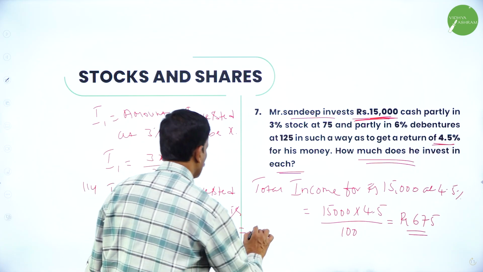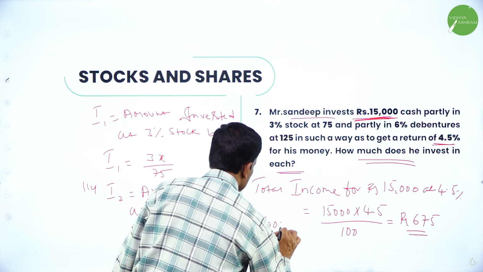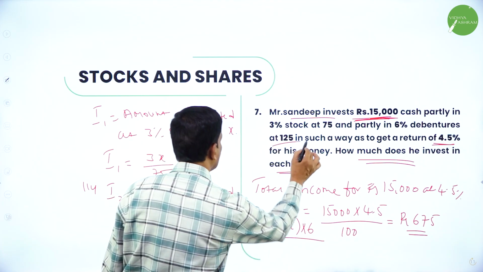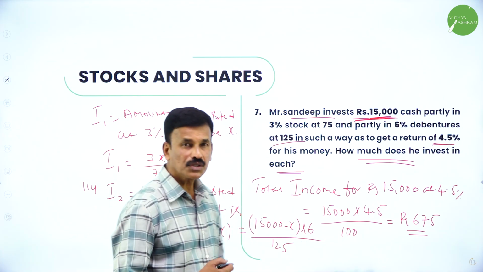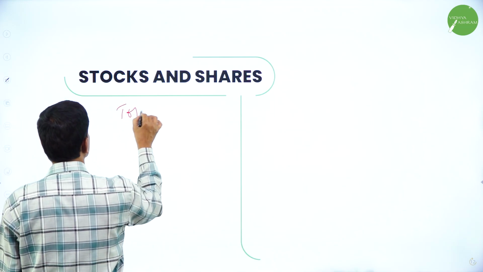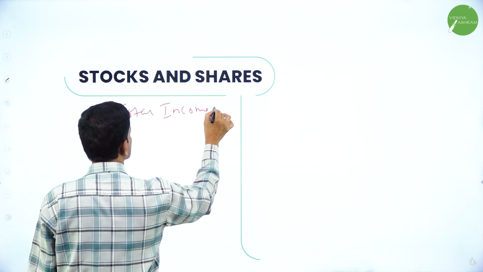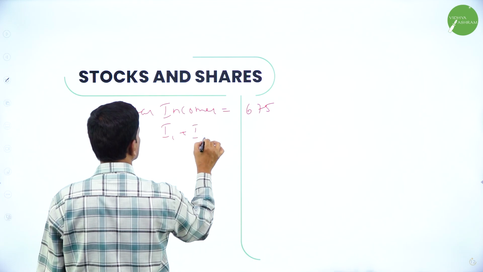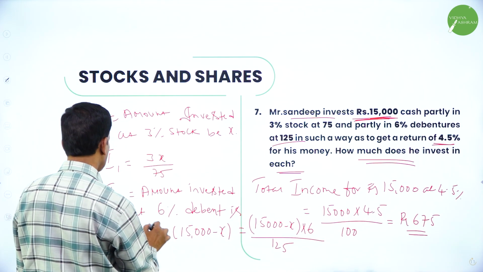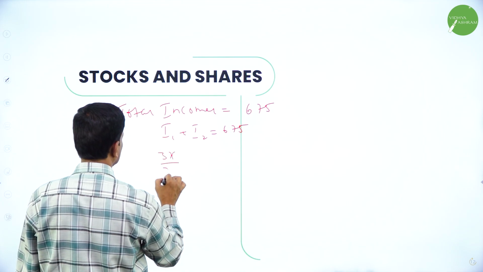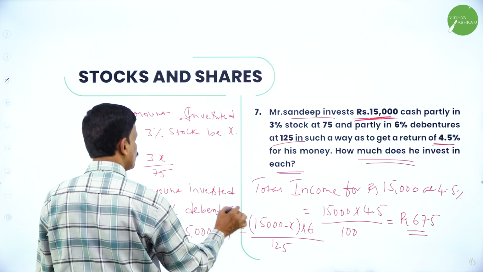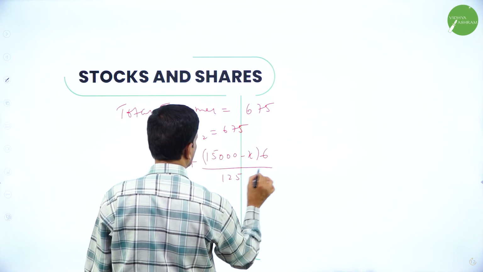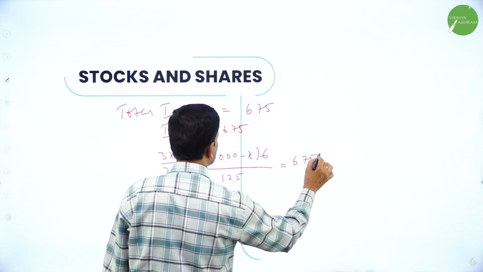So that's equal to 15,000 minus x into 6 divided by 125. Right. So therefore the total income is equal to 675. That is I1 plus I2 is equal to 675. What is I1? 3x divided by 75 plus what is I2? 15,000 minus x into 6 divided by 125 is equal to 675.